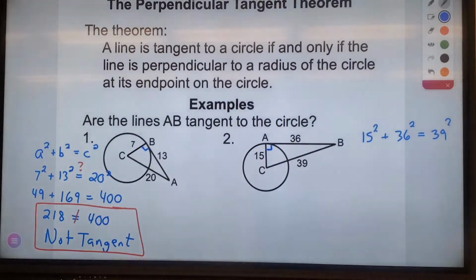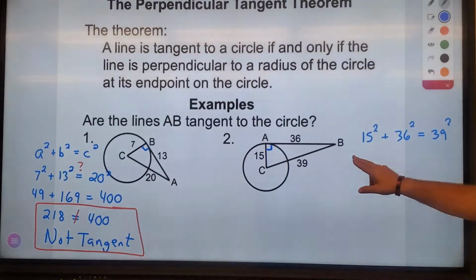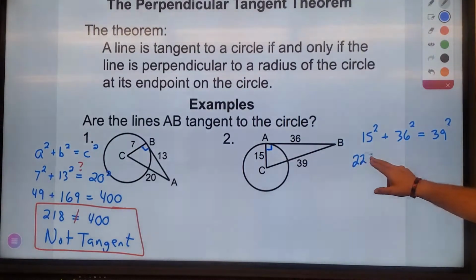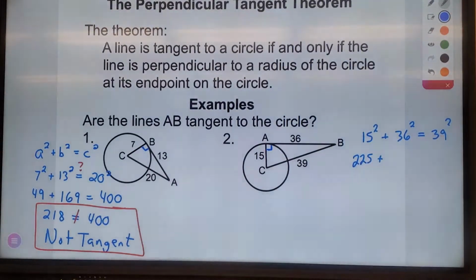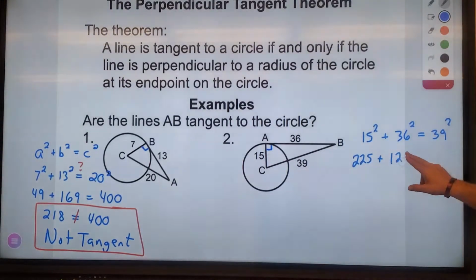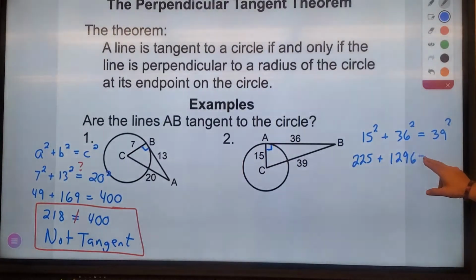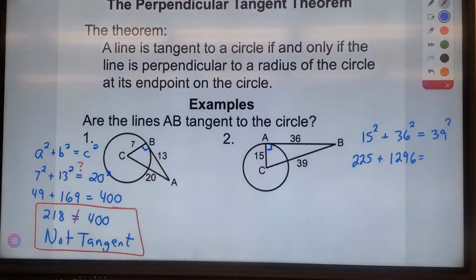Okay, so if I take 15 squared, I get 225. If I take 36 squared, I get 1,296. And if I take 39 squared, I get 1,521.